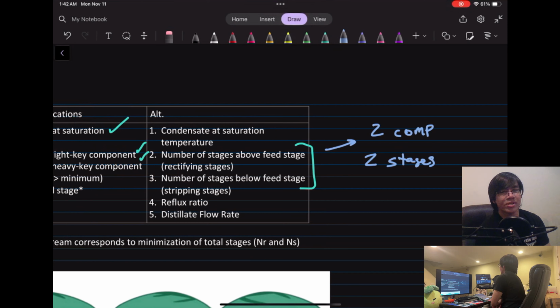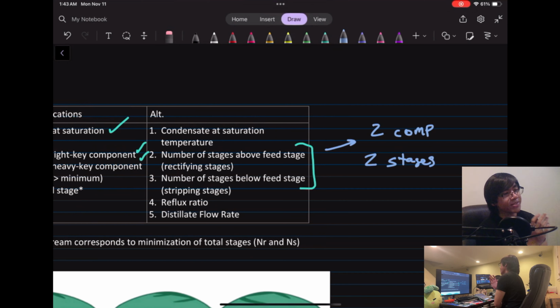We have 95% of our more volatile component in the distillate, and the other component is 95% in our bottoms. So that's a specification I can make.